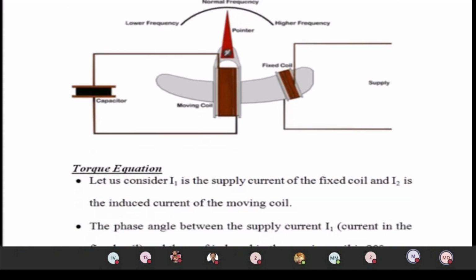To find the torque equation, we need some assumptions. Number one, consider I1 as the current flowing in the fixed coil, and I2 as the current flowing in the moving coil, also known as the induced current of the moving coil, because I2 is produced due to the induced EMF.